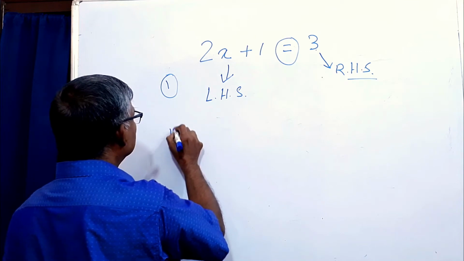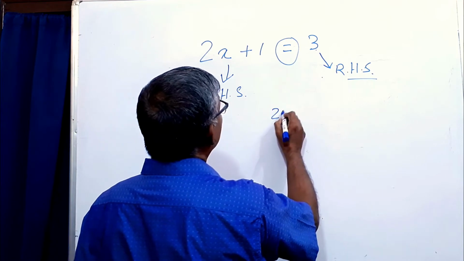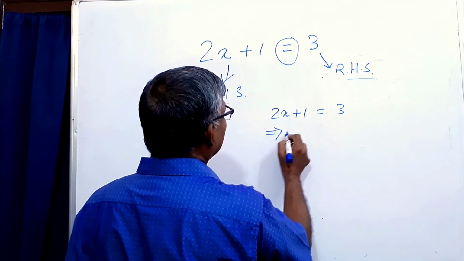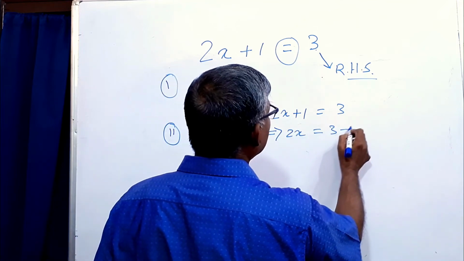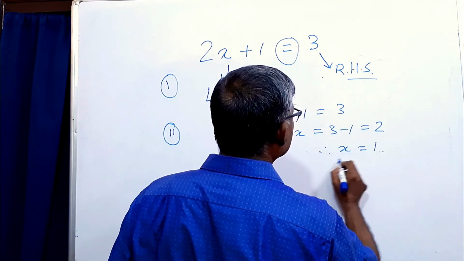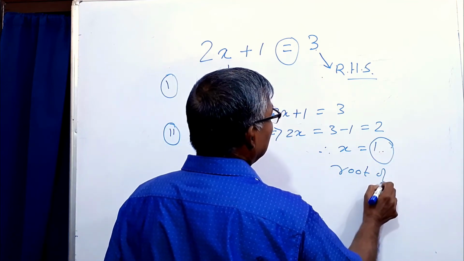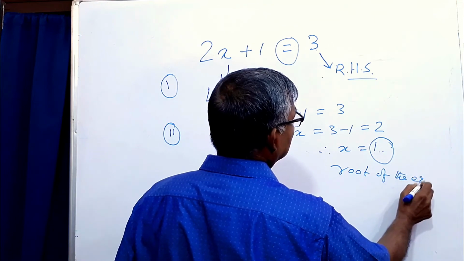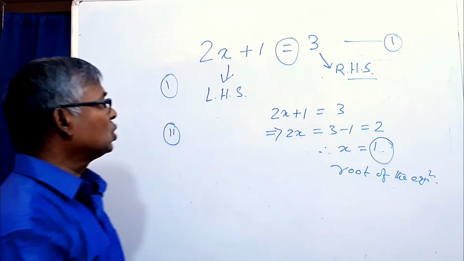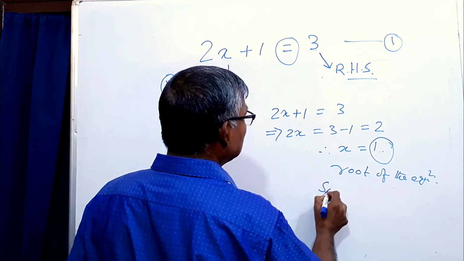Secondly, by solving this, 2x plus 1 equals 3 implies 2x equals 3 minus 1 equals 2. Therefore, x equals 1. This 1 is called the root of the equation. Suppose it is equation 1. So x equal to 1 is called the root of the equation or solution of the equation.